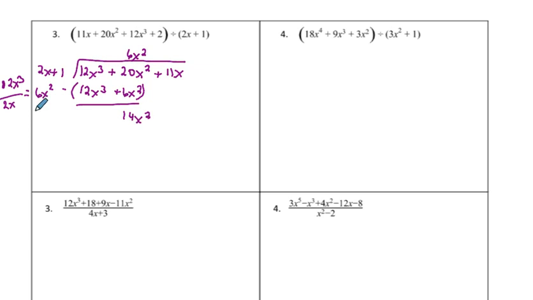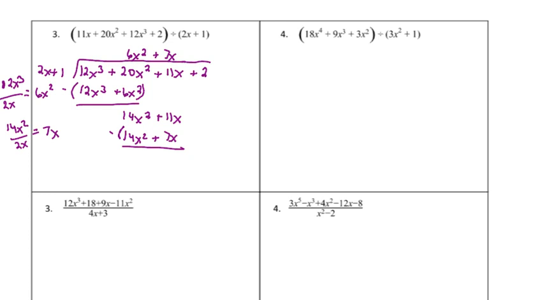Now we want to take that 14x squared and divide it by 2x, and that's 7x. Oh, I forgot to bring down my 11x. So this 7x, now 14x squared. I left off my plus 2. All right, and that is going to be plus 7x.